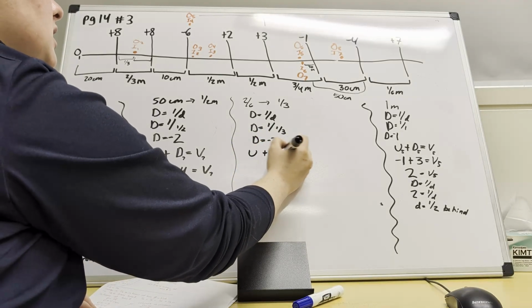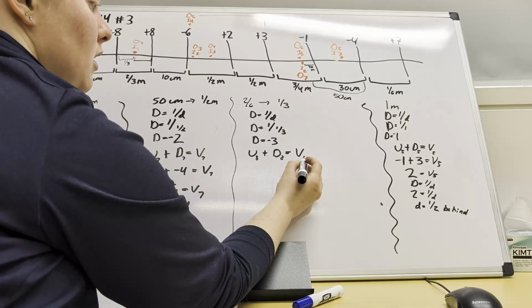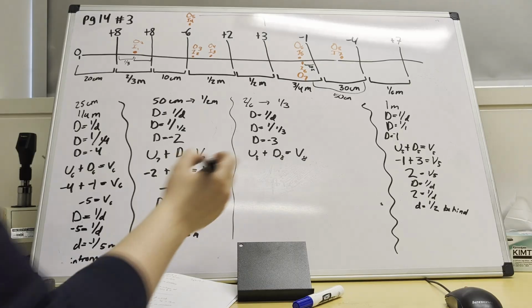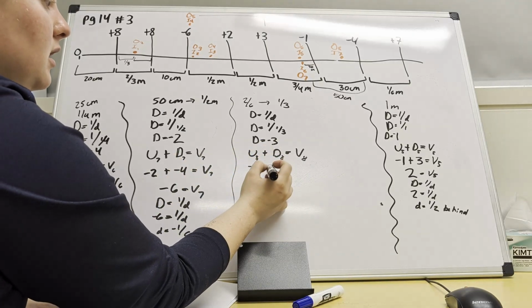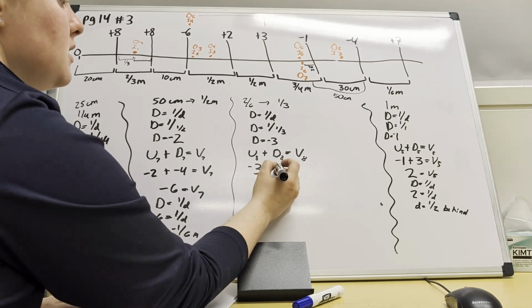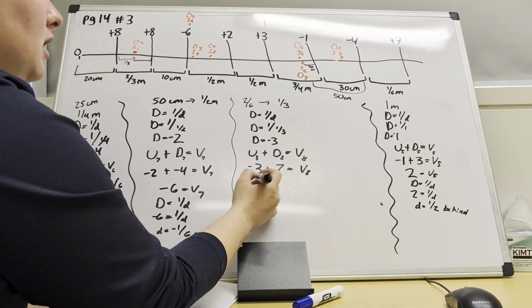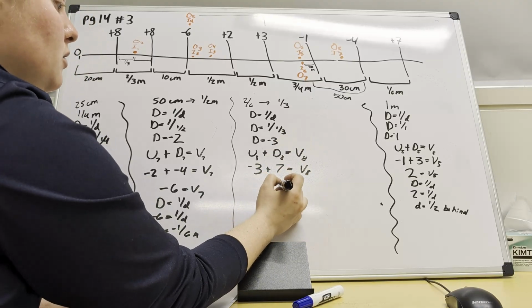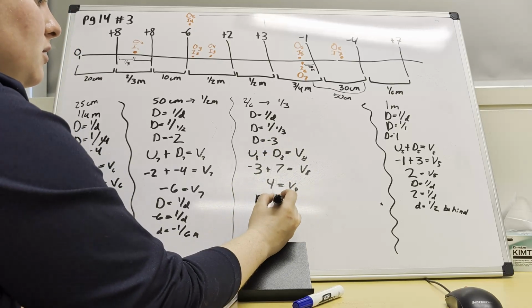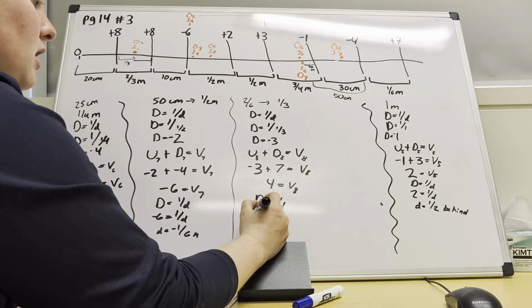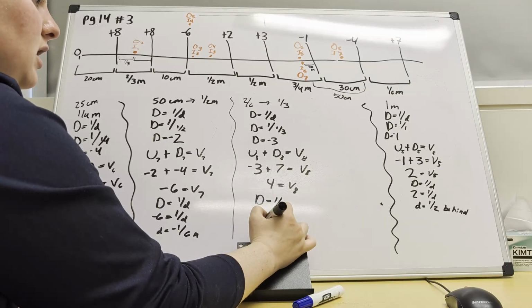U plus D equals V. We're going through the 8th lens. Our U we just figured out was negative 3. The dioptric power of the last lens is a positive 7 equals V8. This simplifies down to a positive 4 equals V8. Diopters equals 1 over distance. 4 equals 1 over little d.